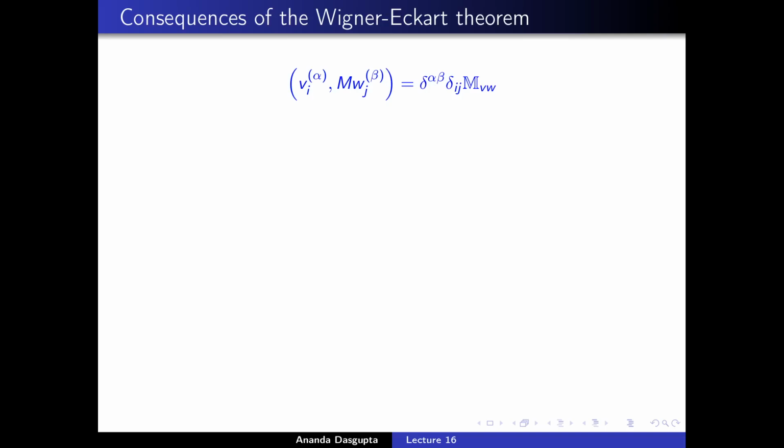And not only that, since there is only one copy of that irrep here, the Vi must be the same as Wi. And in this case, the matrix element can simply be seen to be delta Ij times a number m. Delta alpha beta, of course, is 1 because beta has to be the same as alpha in this case.